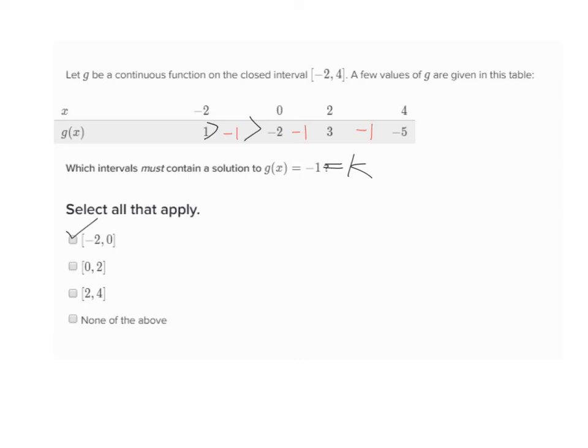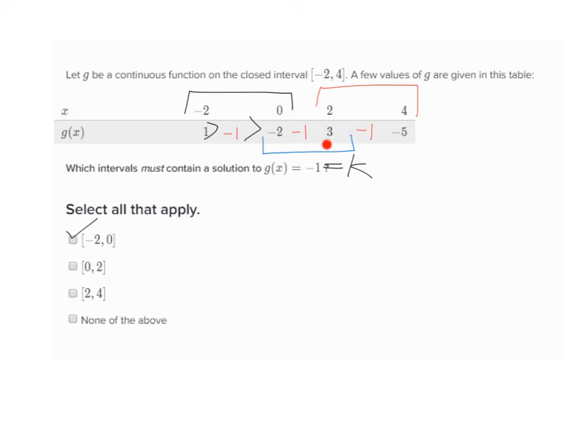Okay, let's look at the next set here. Let's look at from 0 to 2. Is -1 in between -2 and 3? Maybe I could box this up a little bit so you can see that we're really doing 3 problems in one here. Okay, so now I'm looking at this blue interval.